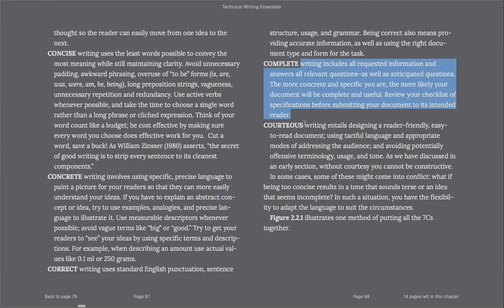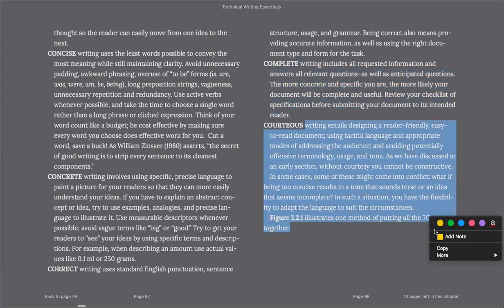The last of the 7 C's of professional writing is courteous language. Your language must be formal in any setting, any exam setting, for example. It should be easy to read. We talked about coherence a few minutes ago. You use tactful language. You use appropriate mode. You address the audience. You avoid potentially offensive terminology.